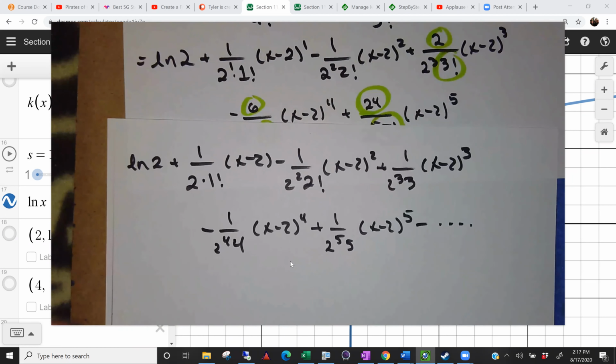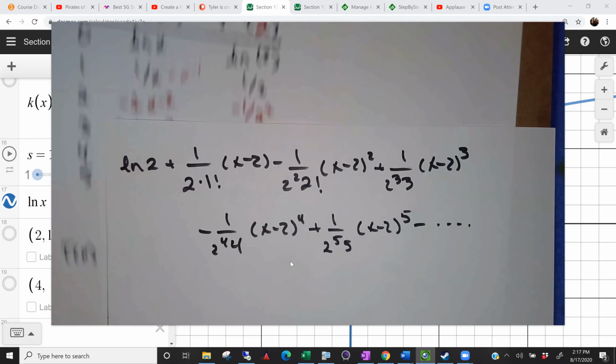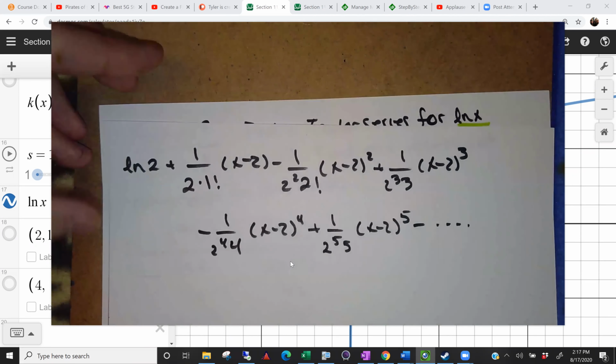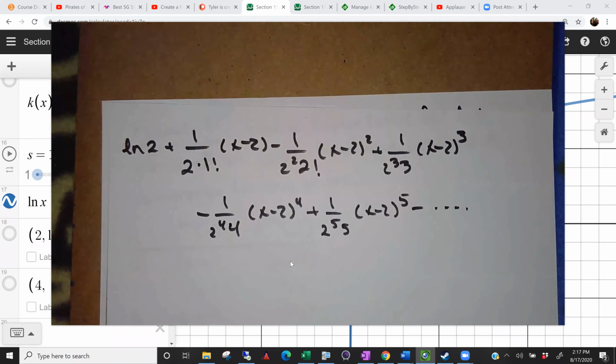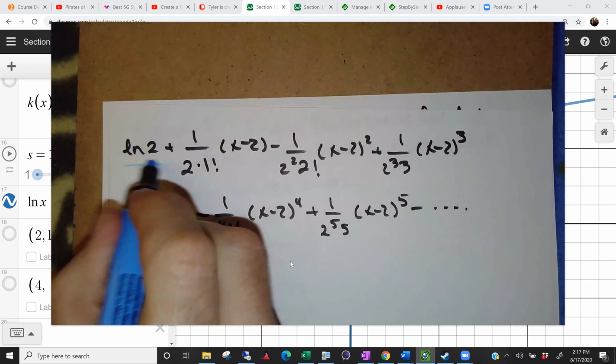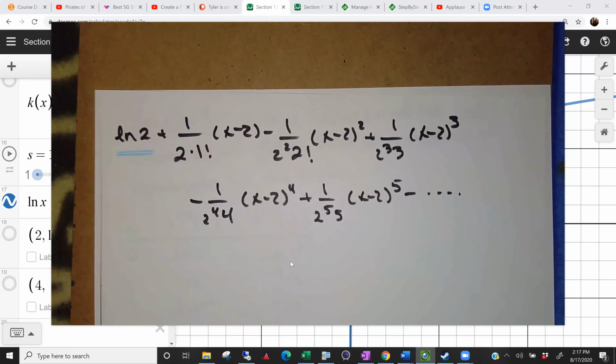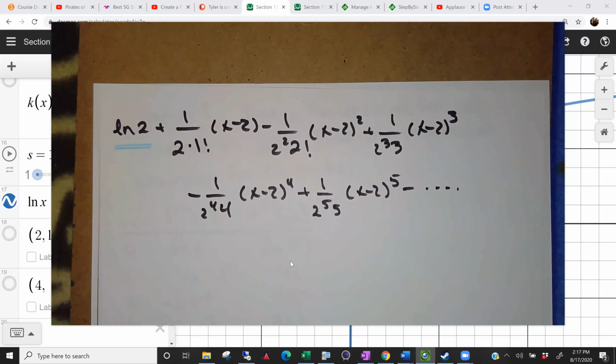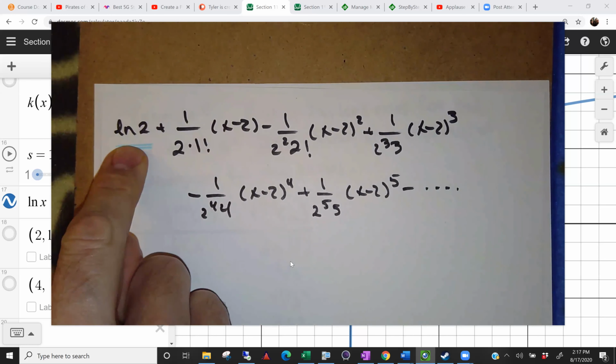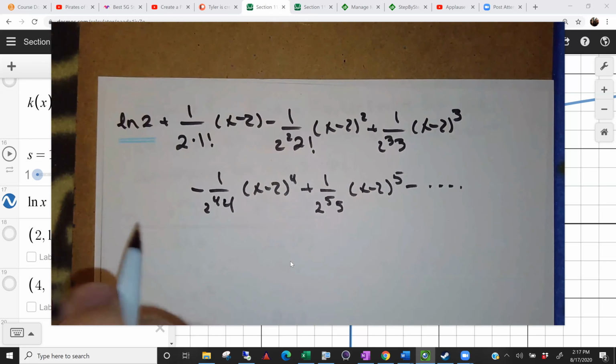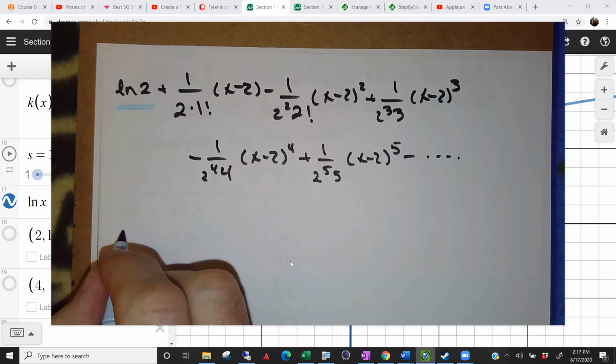Now, what's a little bit different about this one is that first term. That first term of ln of 2 does not fit into our pattern at all. It's just this red-headed stepchild that just doesn't fit anywhere. So sorry, ln of 2, you're out of luck.